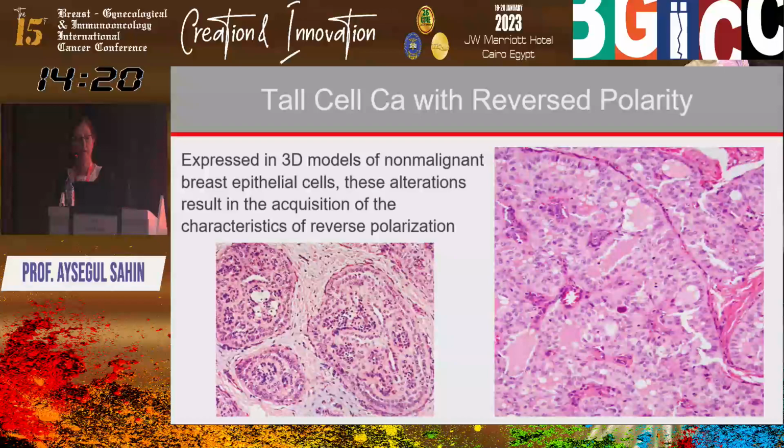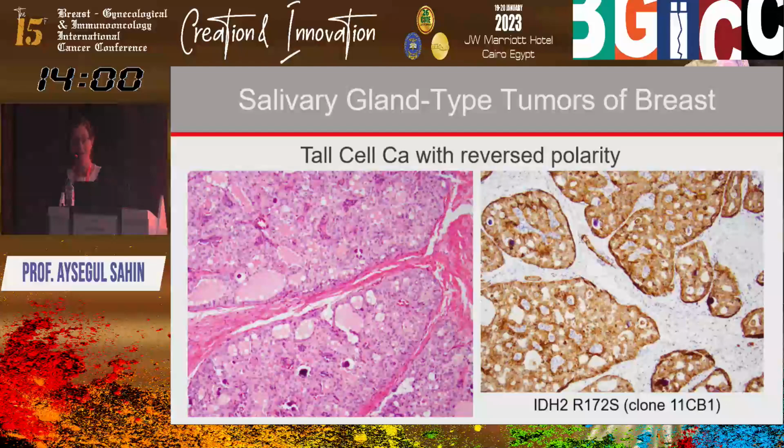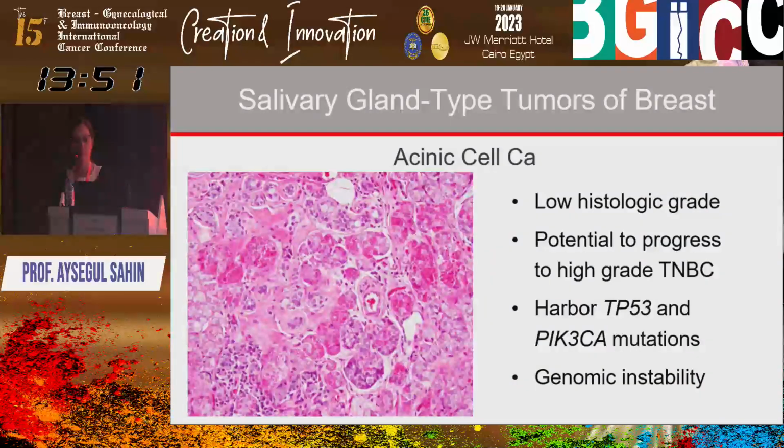And when we look at 3D models of non-malignant breast epithelial cells, when you have this IDH2 abnormality, they acquire reverse polarization of the epithelium, which is the hallmark of this tumor. And again, it can be demonstrated by immunohistochemistry.